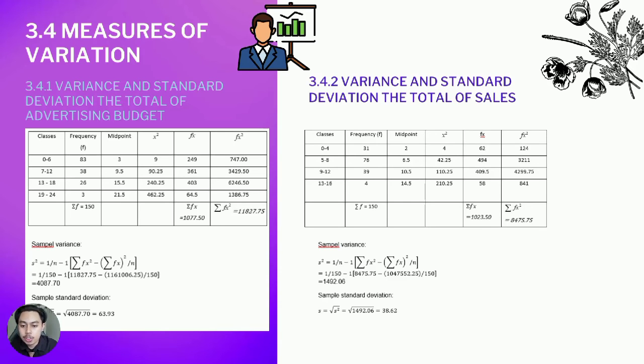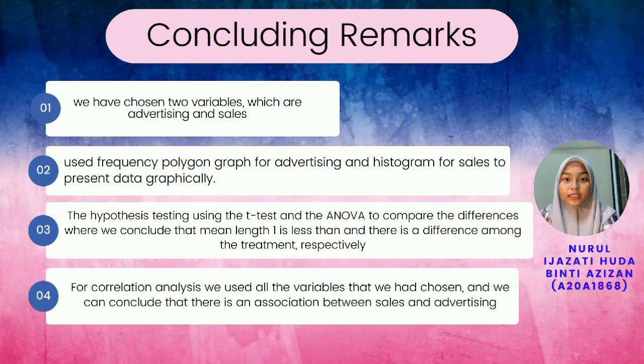And for the class 0 to 4 we got 4.62, and for the class 9 to 12 we got 4299.75. And the amount that we used, which is the sample variance, is 8475.75. So that's all for the topic 3.3 measure of position and 3.4 for the measure of variation and standard deviation. Thank you.